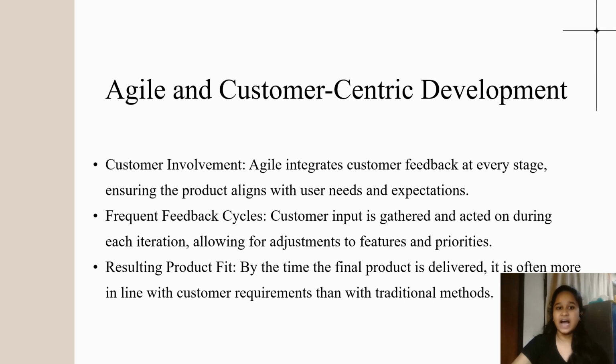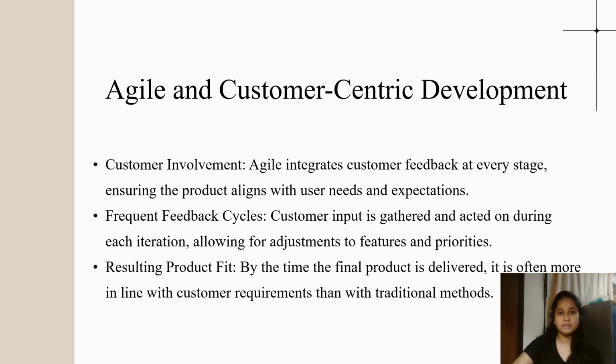Coming to agile and customer-centric development, it has customer involvement. As we saw in the previous slide, agile integrates customer feedback at every stage, ensuring that the product aligns with user needs and expectations. If the product doesn't meet user expectations, we will redo it.